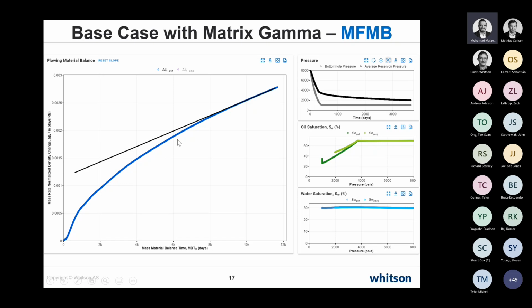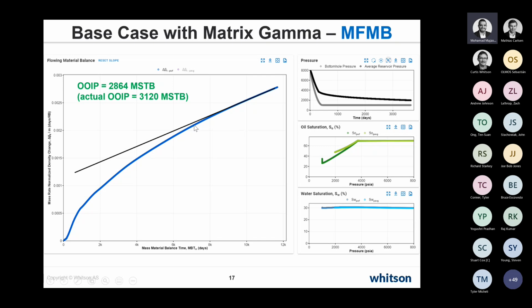There we have also a slope that we can match in the later time. And that slope, if we see what the OIP of that slope is, is becoming less steep and getting closer and closer to the actual OIP. And this is after running it for 10 years.